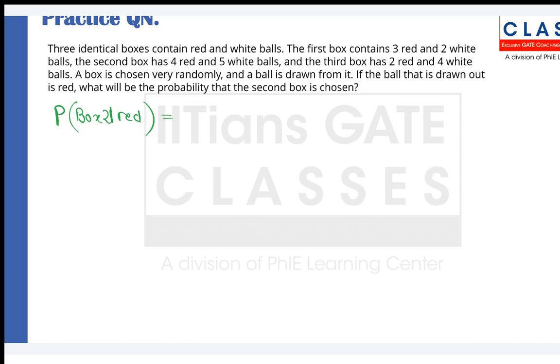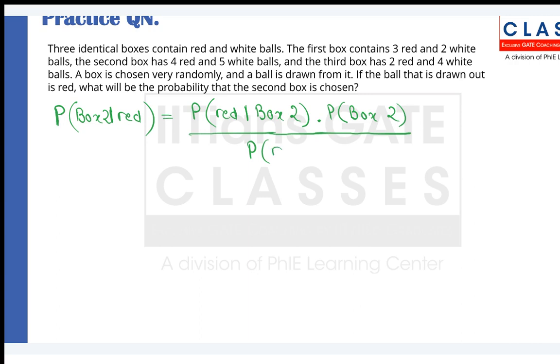So you flip this around, so you get probability of red given box 2, multiplied by the probability that you have chosen box 2, divided by the probability that it is red. So we'll find out the individual pieces.